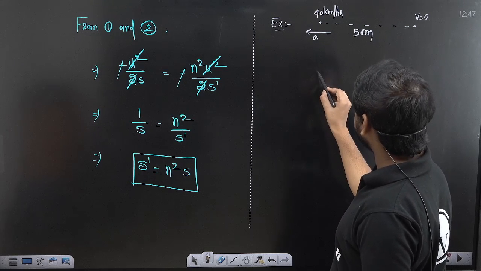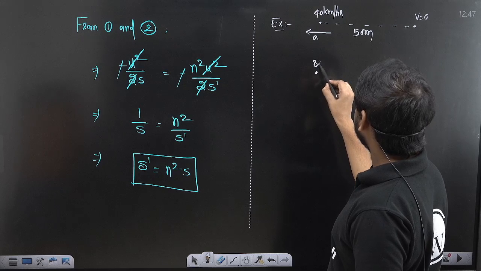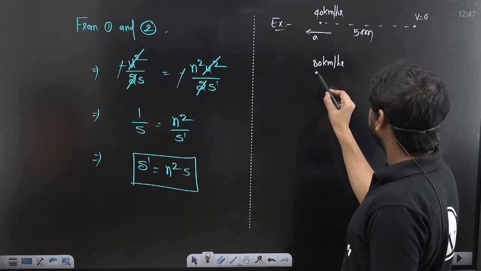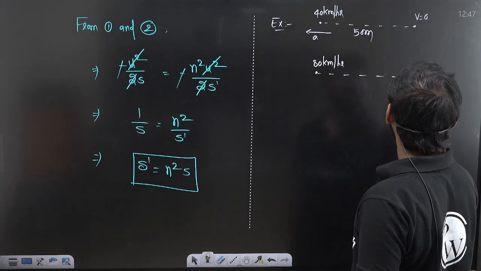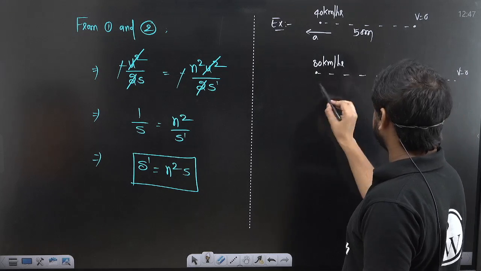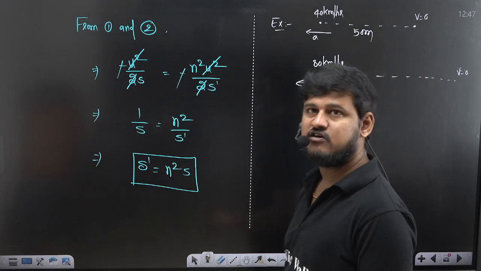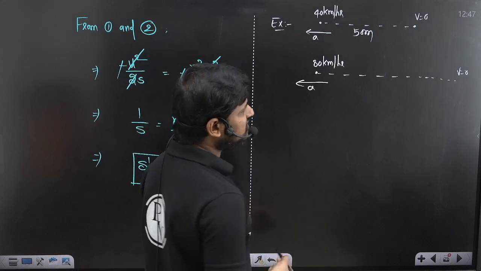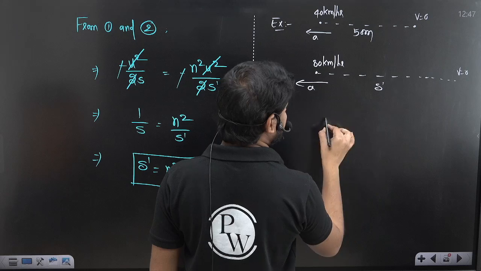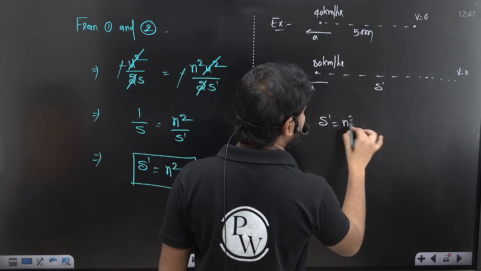In case 2, let's suppose I am moving with 80 km/h. The same braking force I have applied, so the vehicle has stopped after covering some distance. What is the distance covered in this case? The distance covered is simply n square times s.